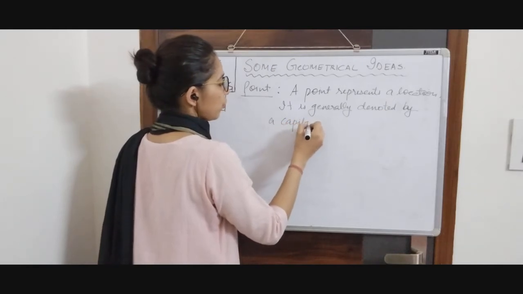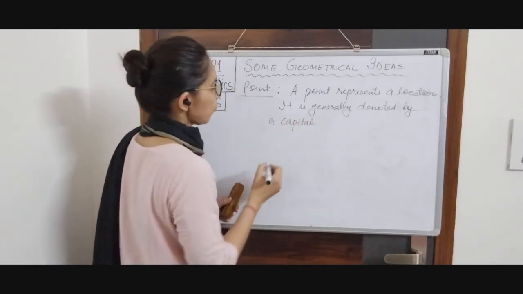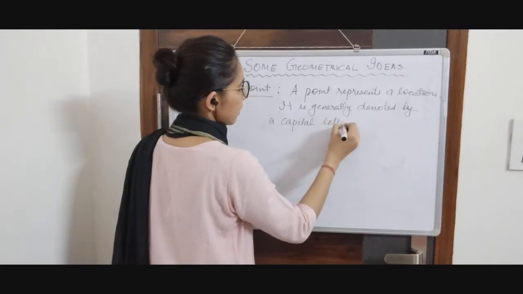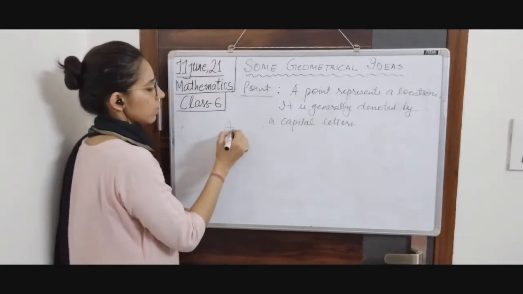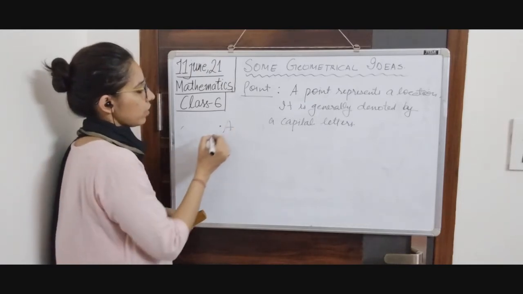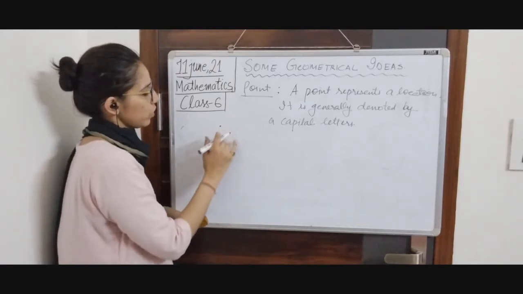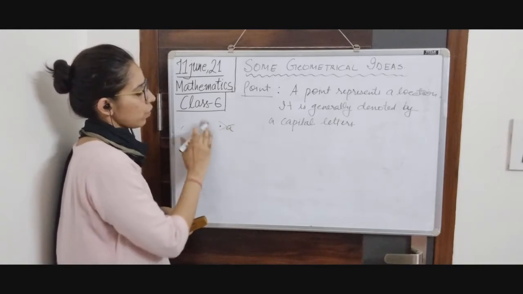We won't be using small letters for representing points, but capital letters. So if we say A, it means we are talking about a point. Okay? We won't be using small a, this will be wrong.